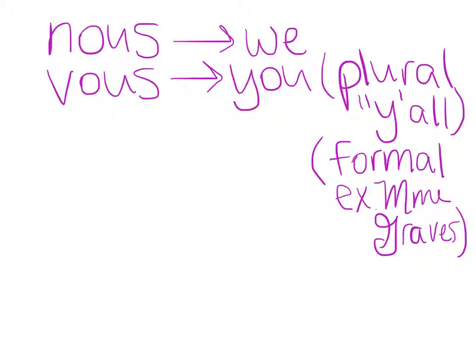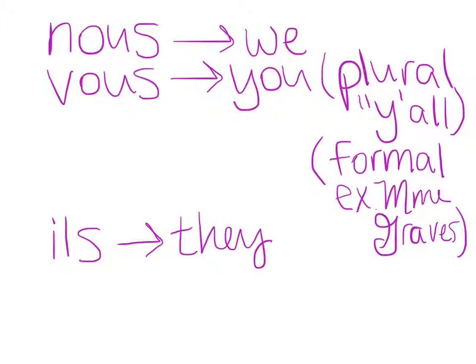And then we have ils, which sounds exactly like the singular il. In this case, it means they, so plural. And it can be a group of all boys, so all male, or a mixed group.